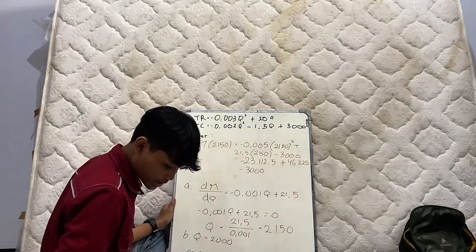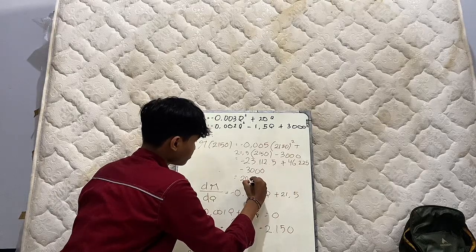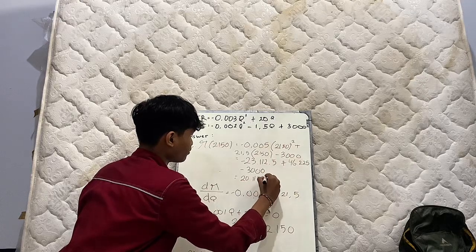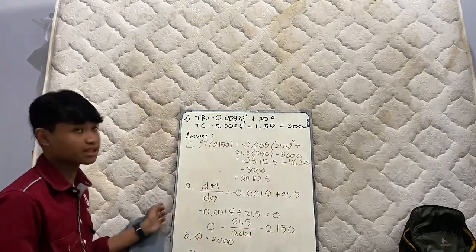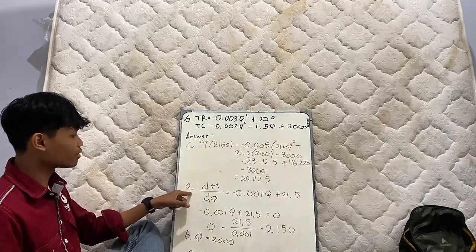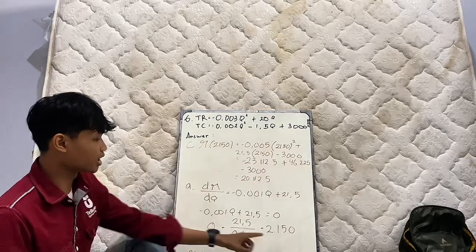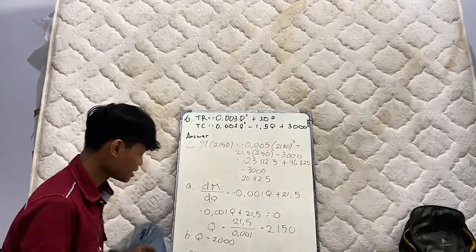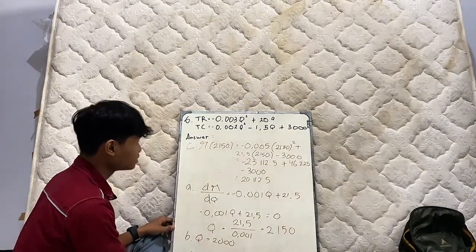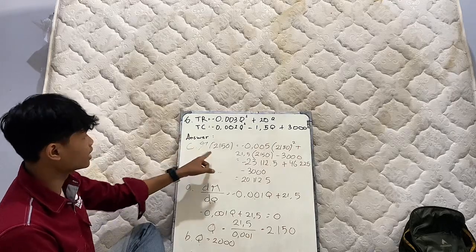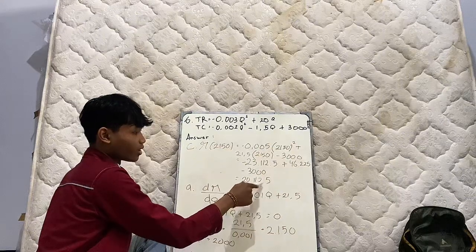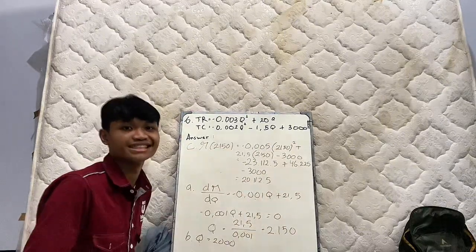So the answer is 20,112.5. So this is the explanation for me. For the A question, the maximum is 2,150. For B, if the Q is 2,000, the answer is 20,000. And if the Q is 2,150, the answer is 20,112.5 dollars.